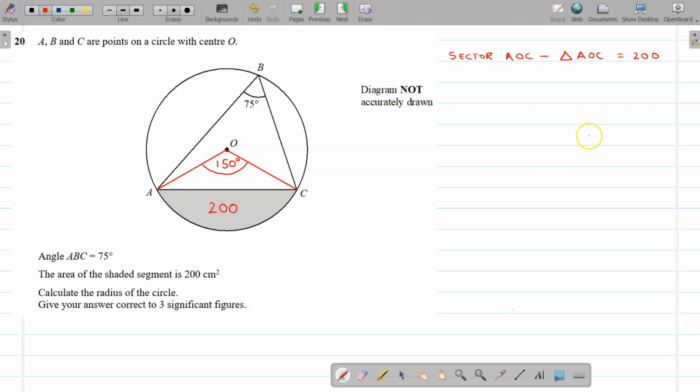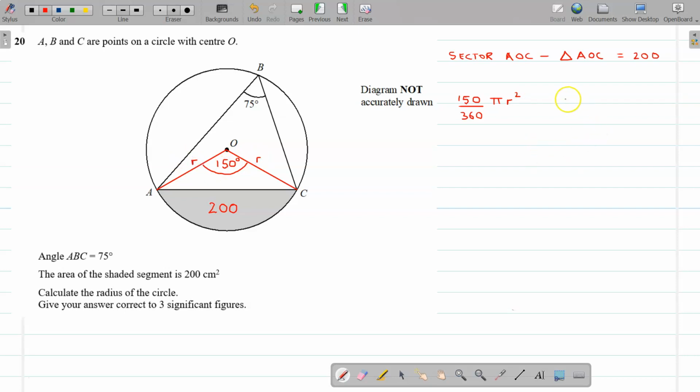Okay, so what's the sector area? Well, the sector is a fraction of a circle, so it's 150 degrees worth of a circle, and the circle is 360 degrees of the area of a circle, that's pi r squared. Okay, and we don't know what r is, so we're just going to leave it as r, because that's what we've got to find. So that's r, and that's r there as well.